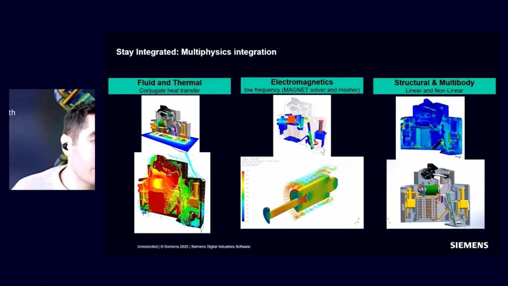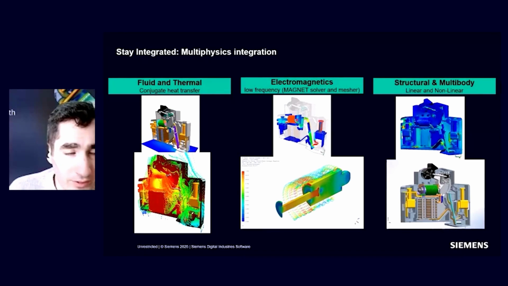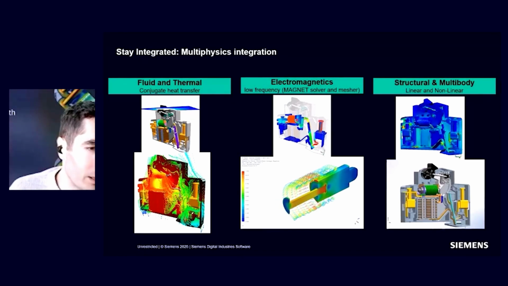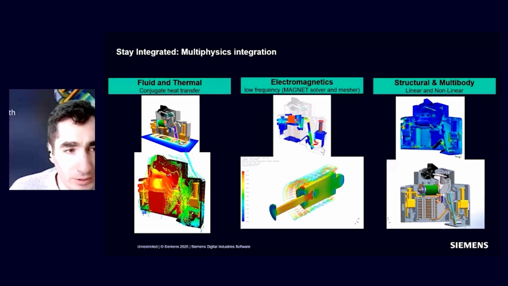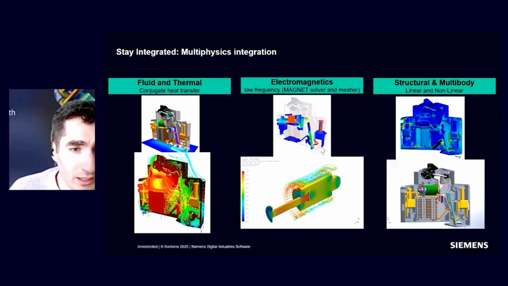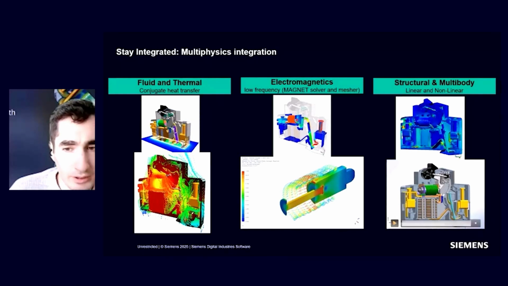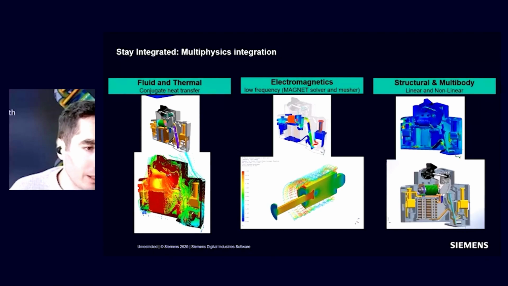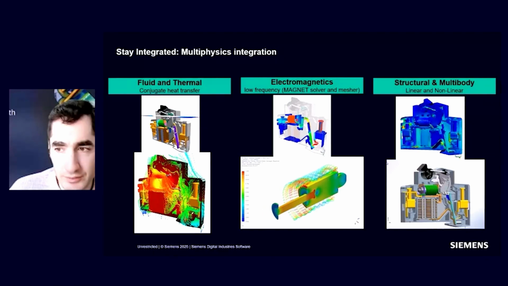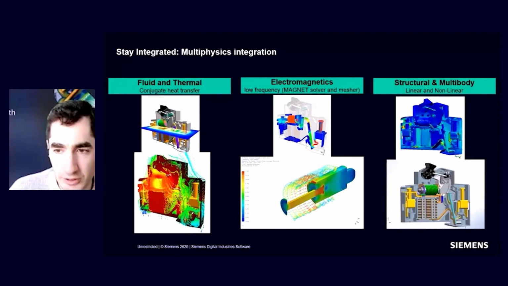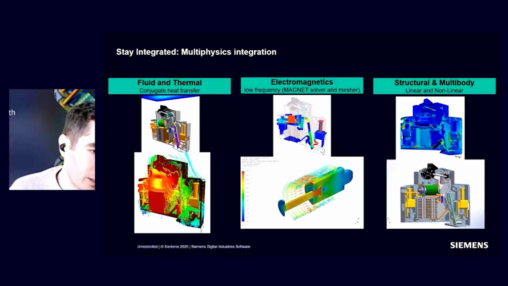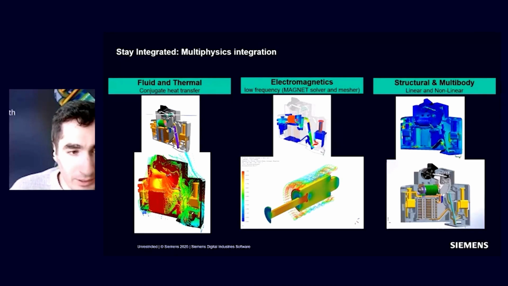Then we have the structural and multi-body solver. In this part, we want to study where the stress and strains concentrate. We want to protect these areas, avoiding any cracks or any breaking of our component. And then, of course, the multi-body part. So studying how the lever behaves, especially now, as we mentioned before, due to miniaturization trends, these devices are becoming smaller and smaller.